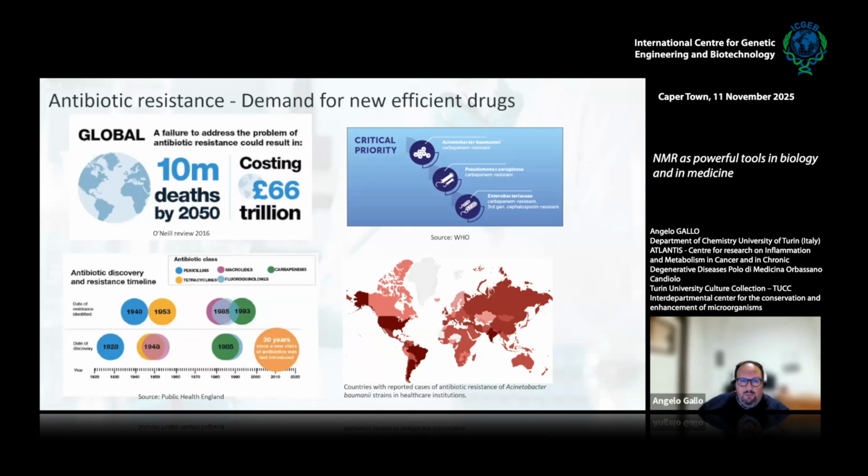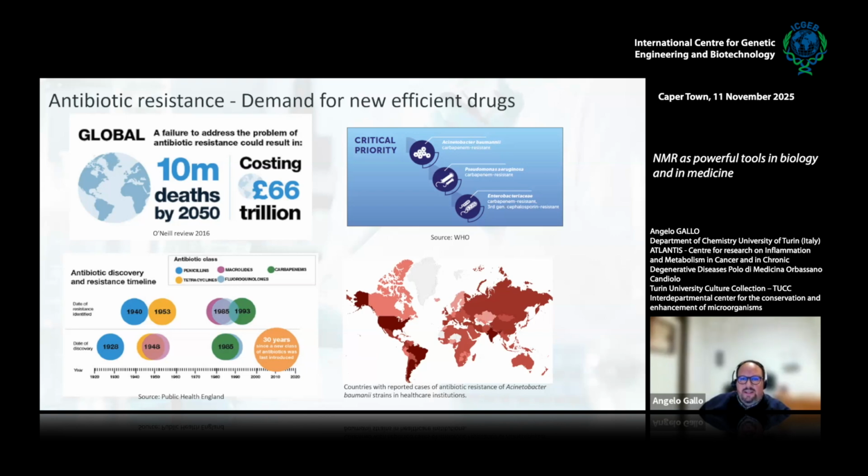I will focus most of my talk on Acinetobacter baumannii. It's a typical strain that is found in healthcare institutions such as hospitals. And a lot of countries are already reporting a large number of this strain resistant to carbapenem, okay?